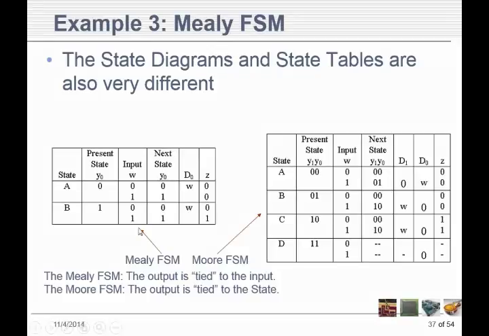This is our new state table. Now we do have to have 2 variables here because Z is associated with this and the current state, not just the current state. And you can tell real quick you're working with a Mealy machine when you have this kind of a situation. Okay.